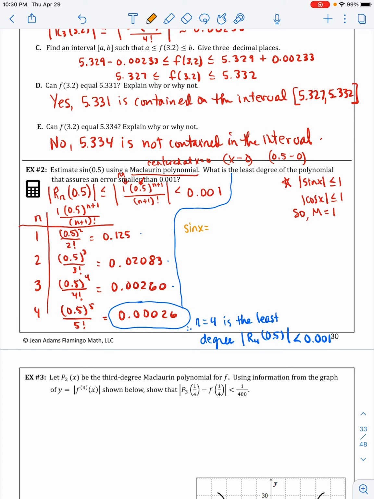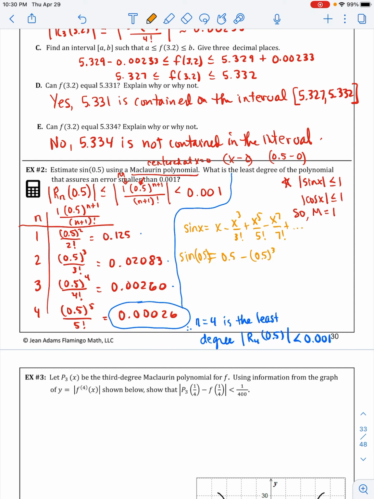The other way that we could do the problem, I'll do it in orange, is if you remembered what your sine x was equivalent to. And our sine x is x minus x cubed over 3 factorial plus x to the 5th over 5 factorial minus x to the 7th over 7 factorial plus dot, dot, dot, okay?